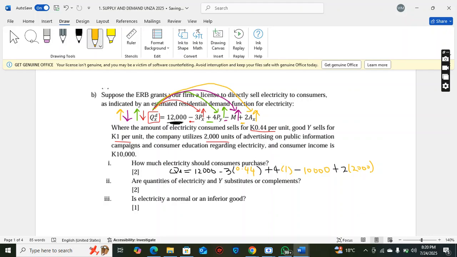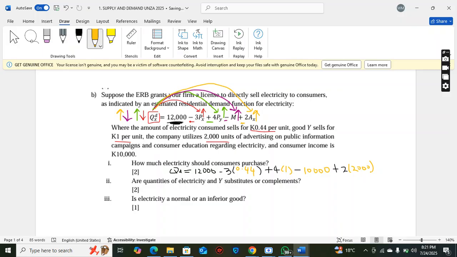Okay, so colleagues, let's tabulate. Let me put all of this in my calculator. 12,000 minus, open brackets, 3 times 0.44, plus 4 times 1, that is 4, minus 10,000, plus 2 times 2,000, that's 4,000, plus 4,000.